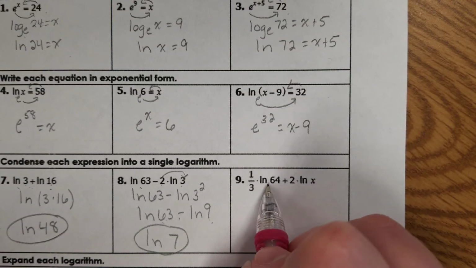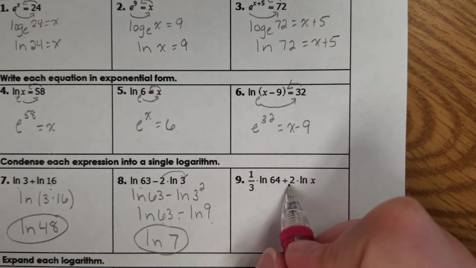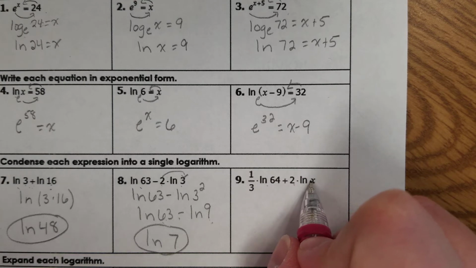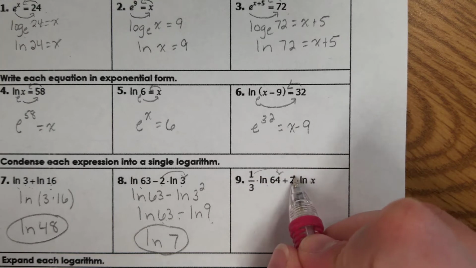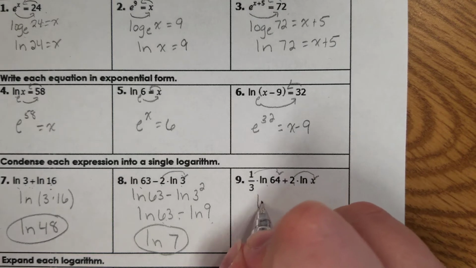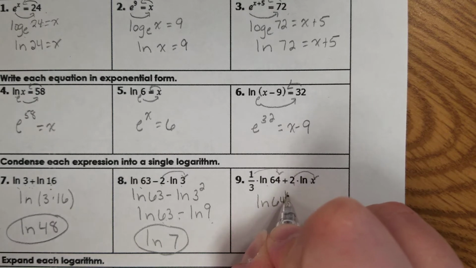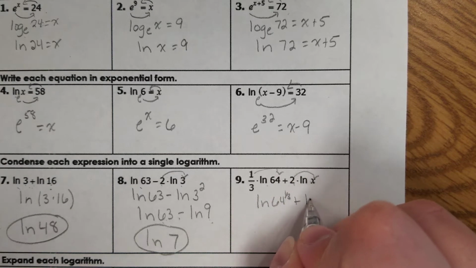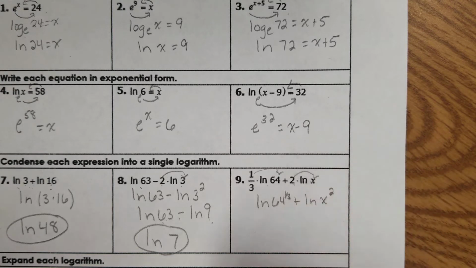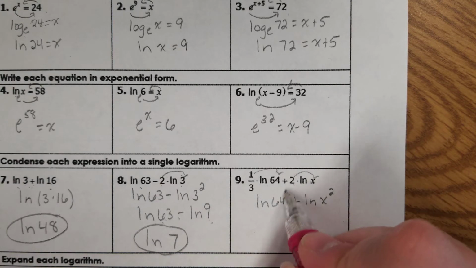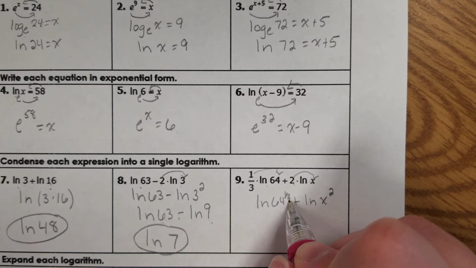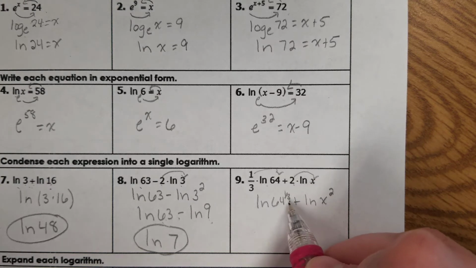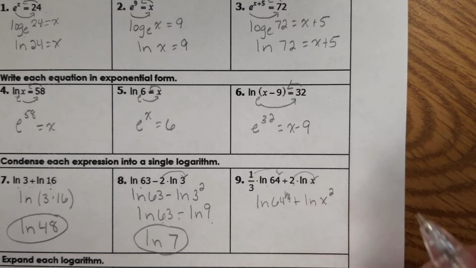All right, so we have 1/3 times the natural log of 64 plus 2 times the natural log of x. So we're going to move our exponents to where they go. So we have the natural log of 64 to the 1/3 plus the natural log of x squared. All right, so once again, this 1/3 as an exponent pops up, and just as a reminder, because we haven't talked about it a whole bunch, 1/3 as an exponent is the cube root.